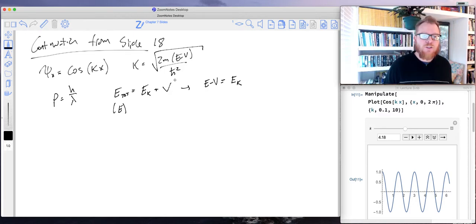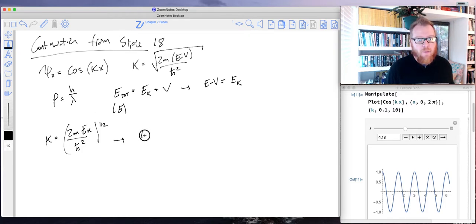All right? So that means I can rewrite this wave number solution up here as the square root of 2 times m times the kinetic energy, all divided by h bar squared. So if I rearrange now and solve for kinetic energy, I'm going to skip a few steps and just write that directly.